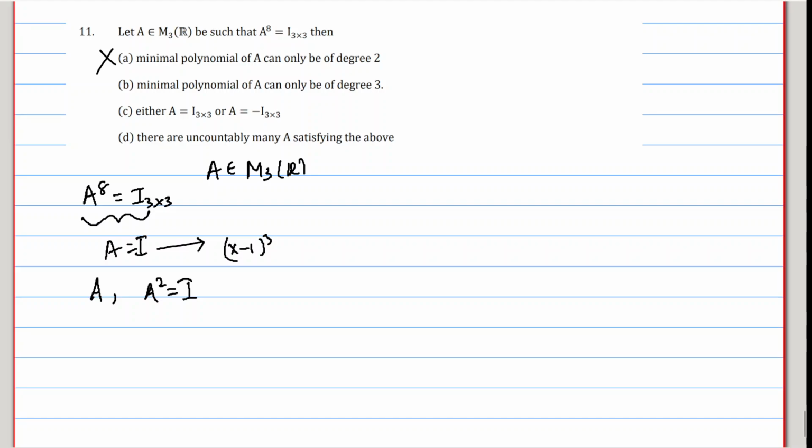Then the characteristic polynomial will be na A minus 1 whole cube. Yes, Oh, so but yep. Right. Thanks. You're right.